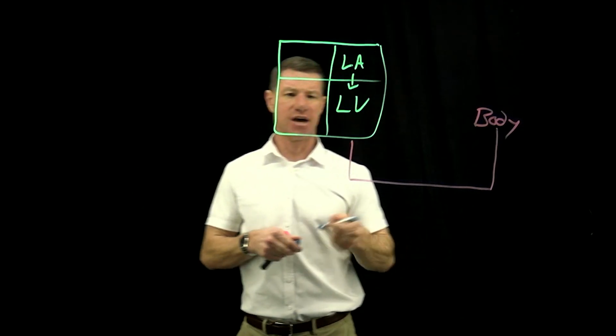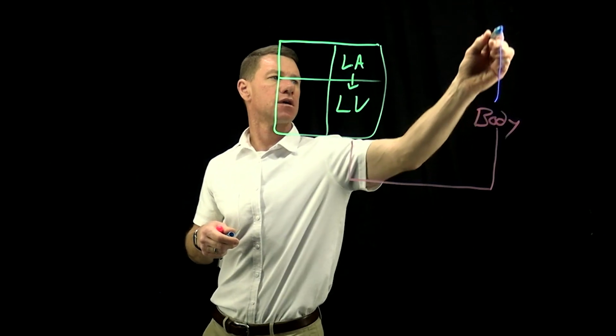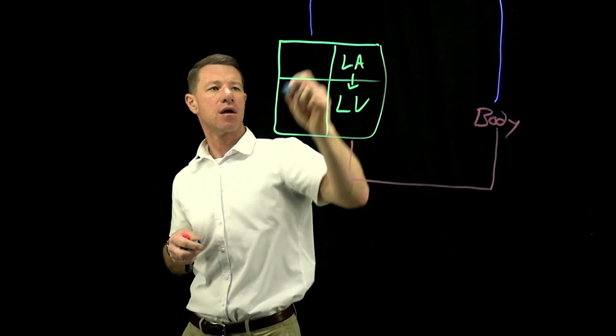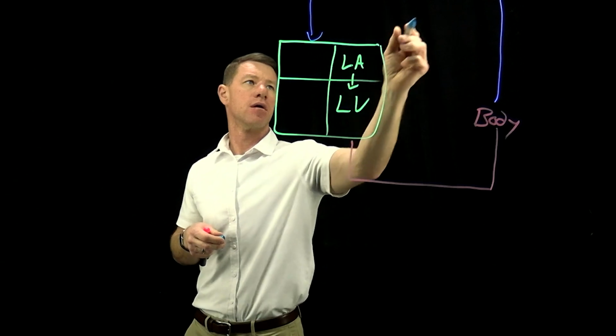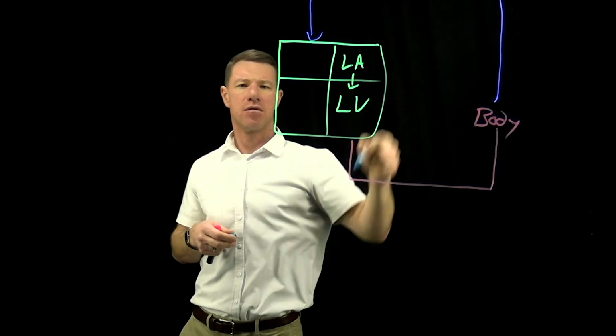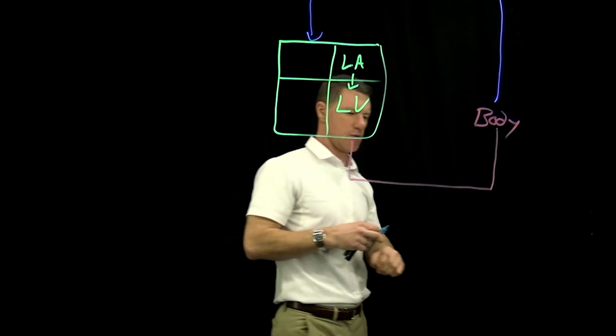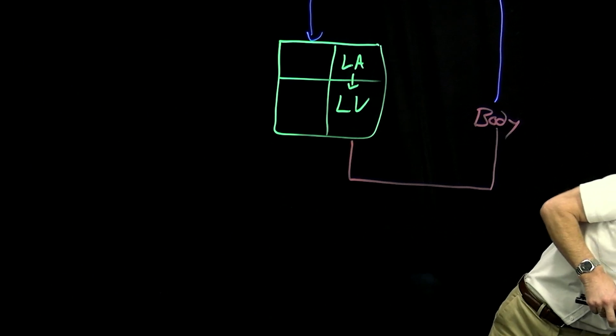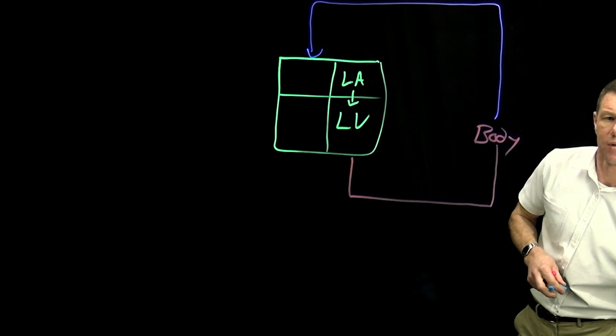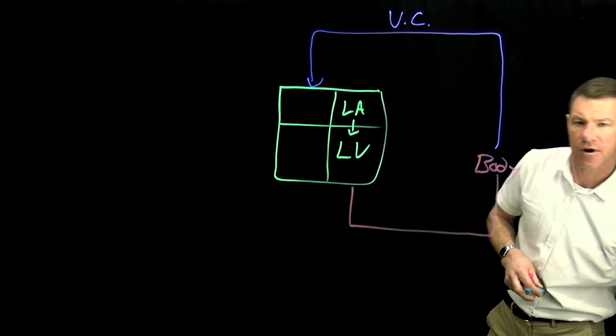Then we're going to have deoxygenated blood that comes back via the vena cava. Sorry, I went off the screen there.